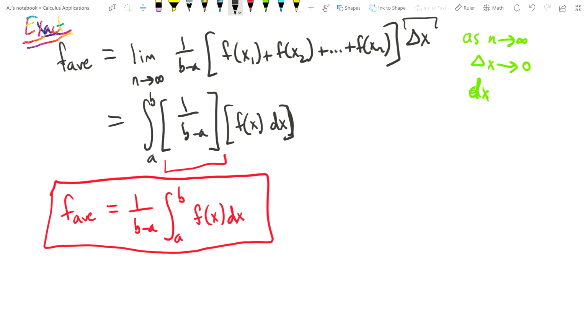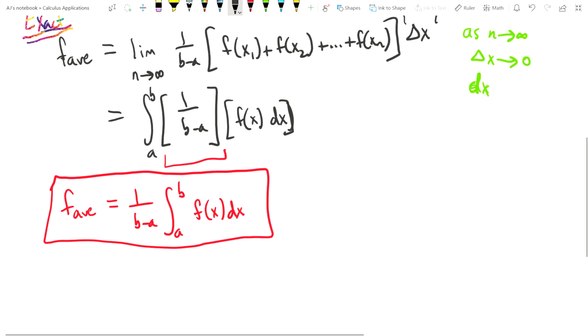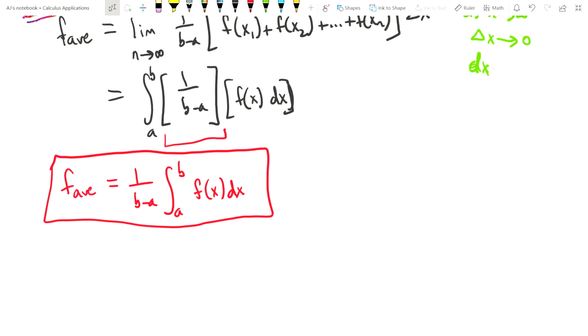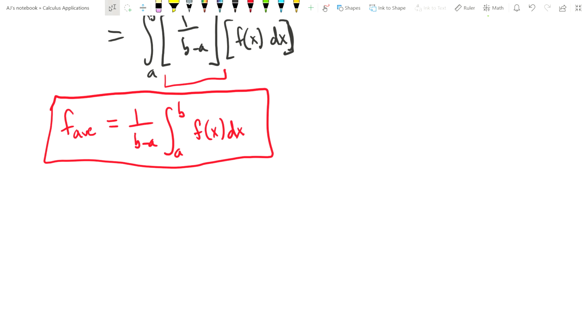So now let's just do a really quick example, and let's say we want to find the average value of x cubed. So let's say f of x equals x cubed, and let's say we want to find its average value between a equals 1 and b equals 3.